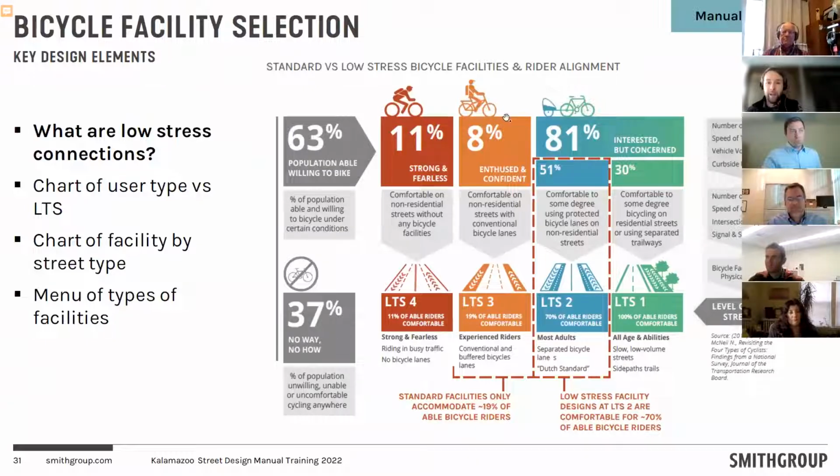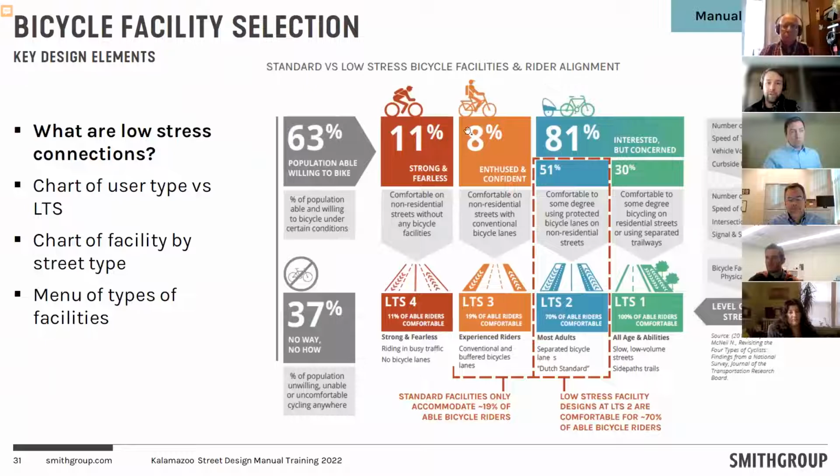And then about 8% of the respondents were in this enthused and confident category, which basically said they're comfortable biking on non-residential streets. So streets that aren't small local roads, usually a street with a double yellow or a center line down it, so long as there's at least conventional bike lanes on that road.